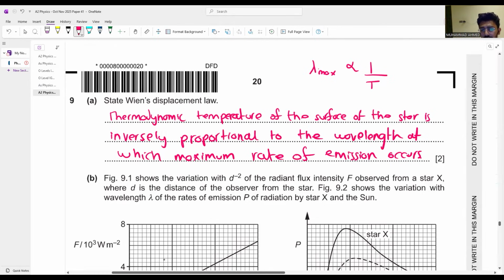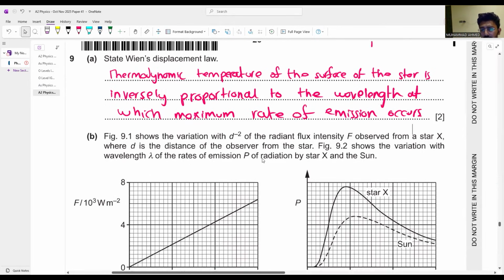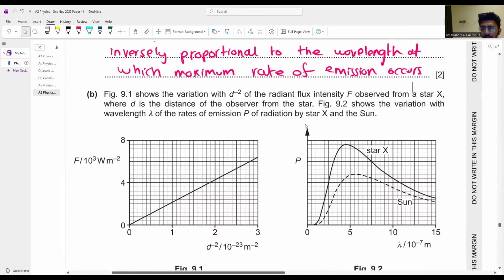Figure 9.1 shows the variation with d to the power minus 2 of the radiant flux intensity observed from star X, where d is the distance of the observer from the star. So you are given a graph of F versus d to the power minus 2.